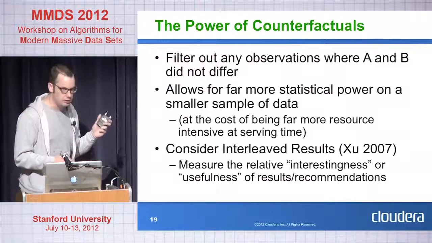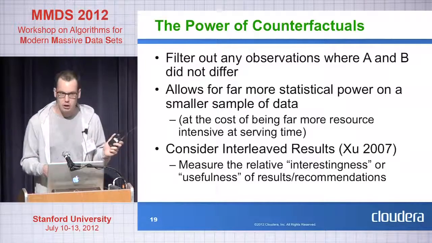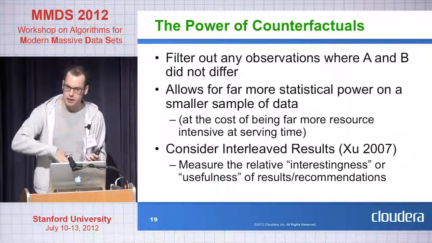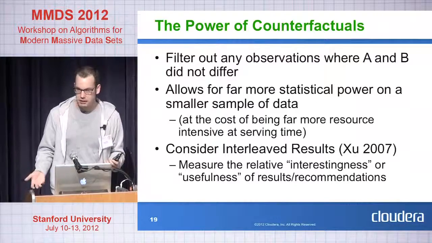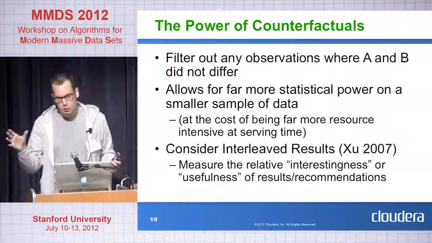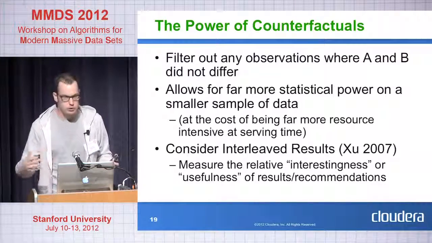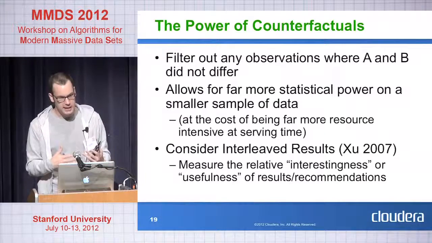Another thing that's great for search results and for recommendation systems is interleaving results. A lot of the problem you have with experiments that are basically done on rankings of things is if you give people a set of results, they'll probably click on something, right? They're basically bored. They don't have anything else to do. So you may not necessarily get a real feel for which of these two algorithms is more interesting unless you actually take the results of both of them and interleave them together.